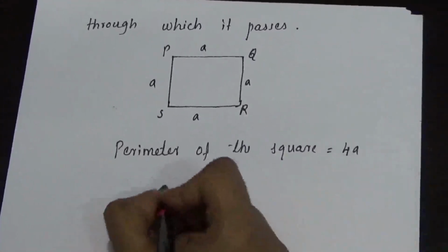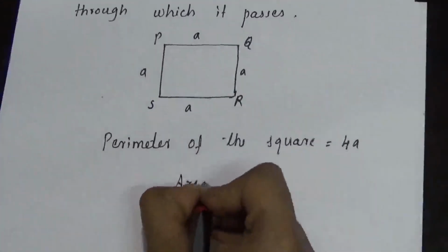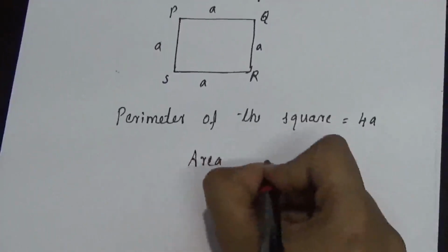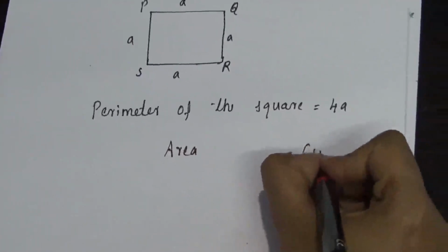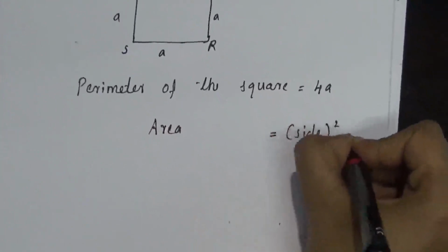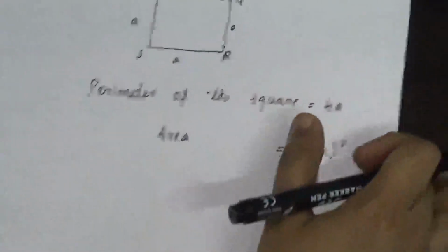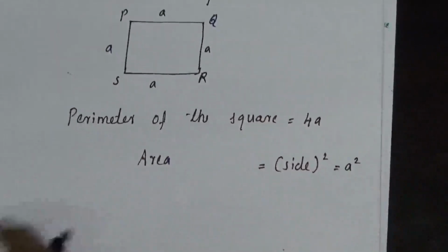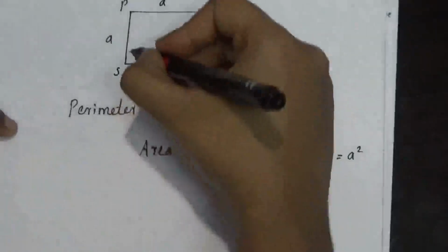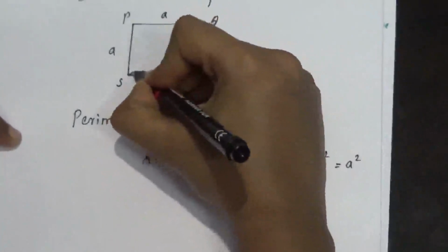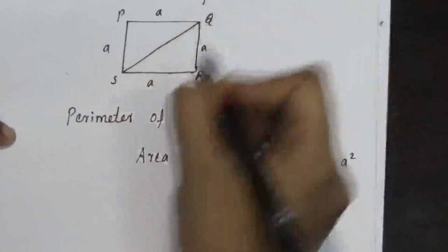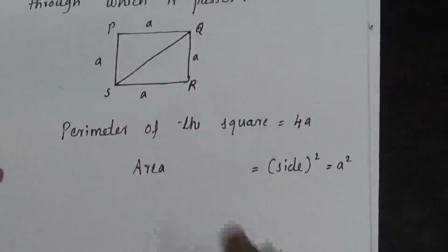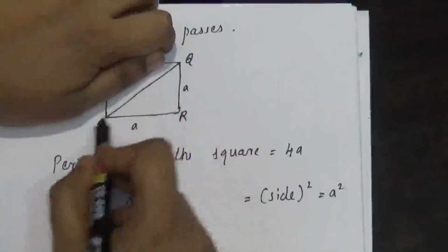Okay, now next is area. Area of a square is equal to side squared. Here we have taken that each side is equal to A. So side squared means it is A squared. Okay, now another important thing. Let's consider one diagonal of this square. So here you will get a right angle triangle, am I right?